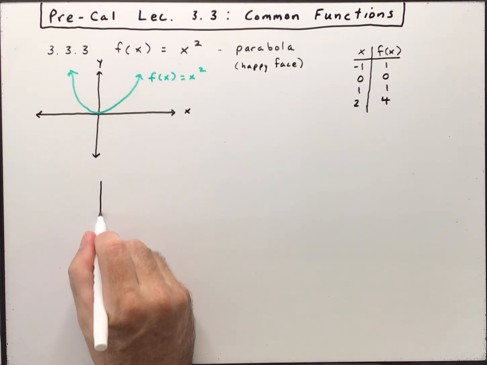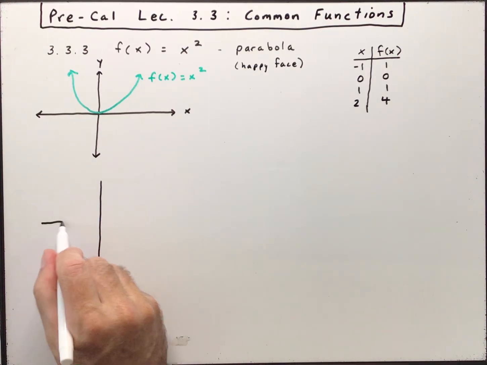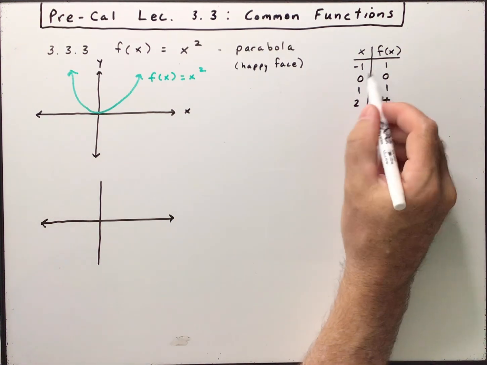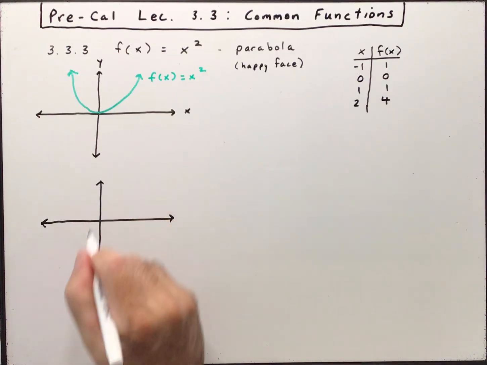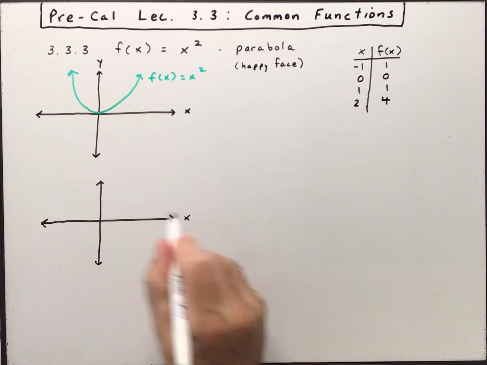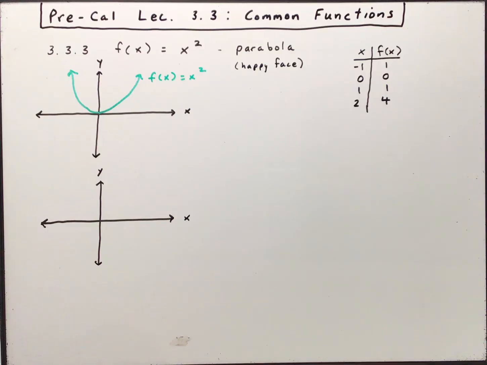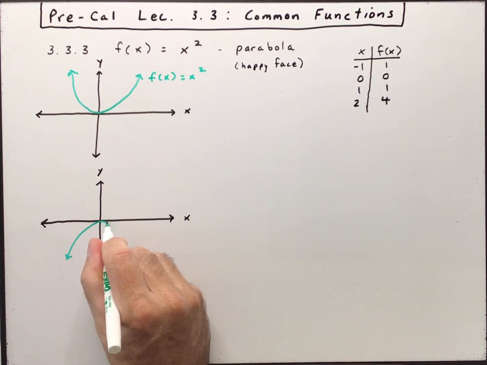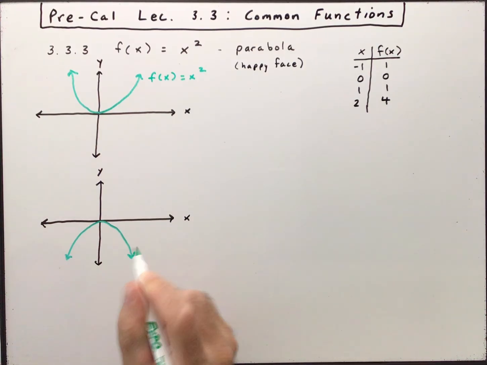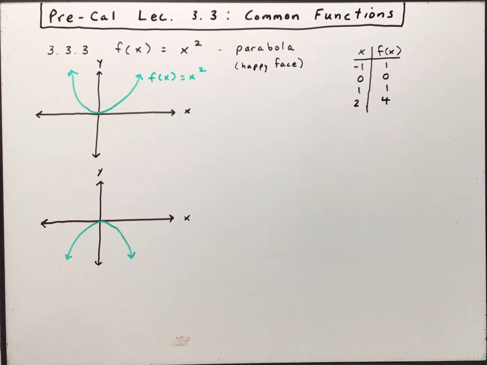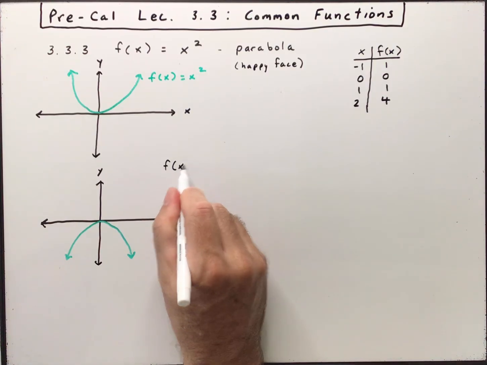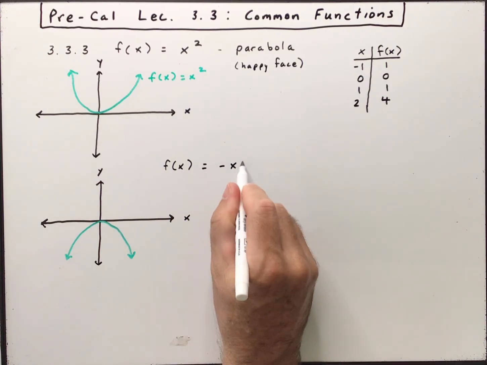But there's another kind of parabola that I'll draw. We won't do a number plot here or a chart. Just draw it here. So we can have a sad face parabola that goes down like that, and that is f of x equals minus x squared.